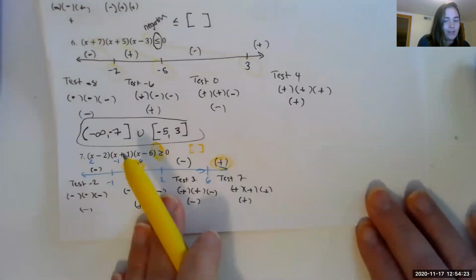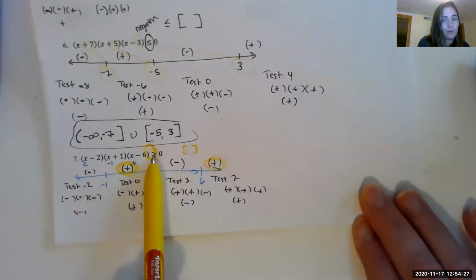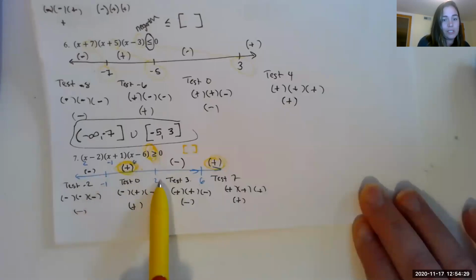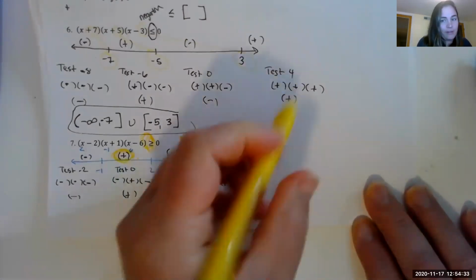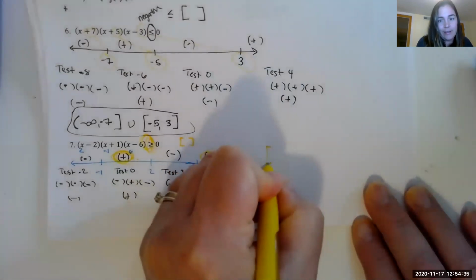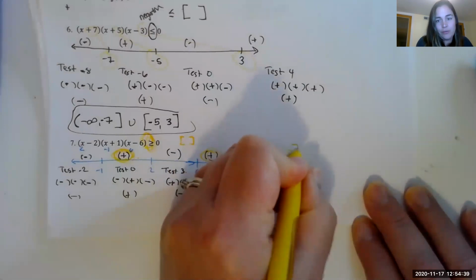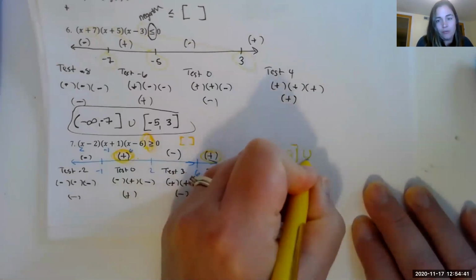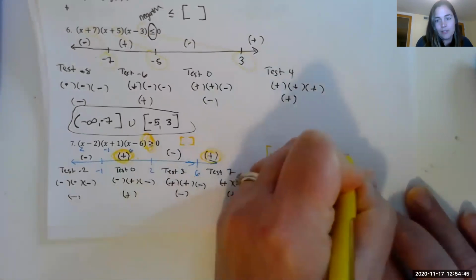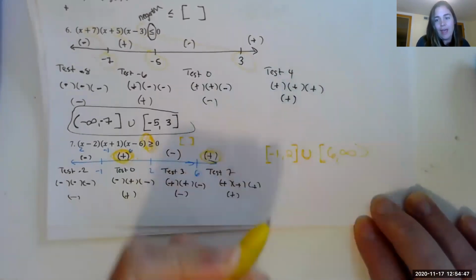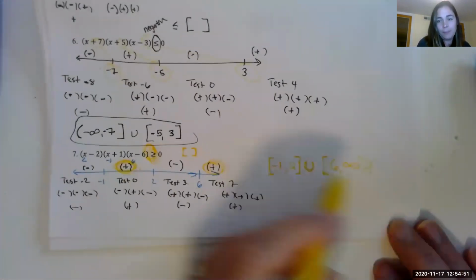So let's go ahead and write our solution out. So when is it positive or 0? From -1 to 2, and then again from 6 to infinity. So I'm going to write my answer as hard bracket, -1 to 2 in union with 6 to infinity. And I always do soft brackets around infinity because you can't really touch infinity, right?